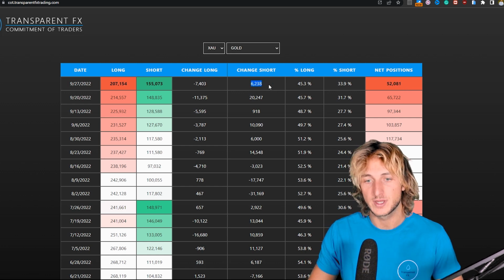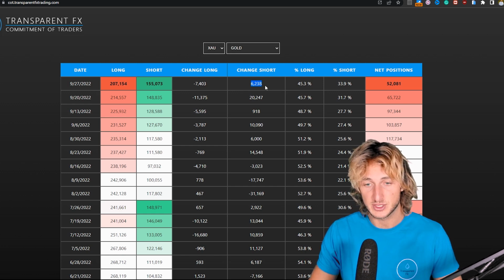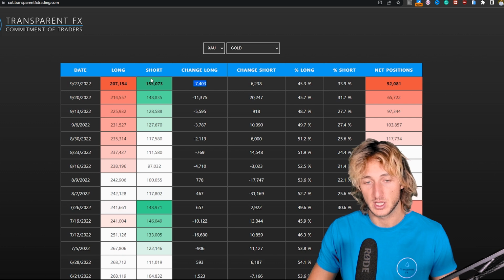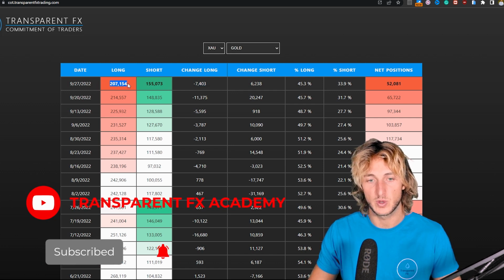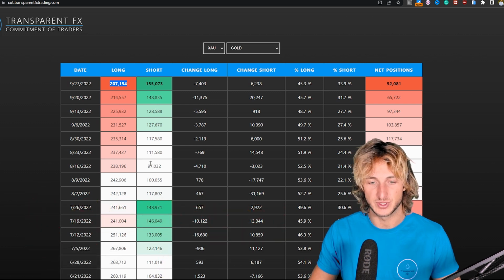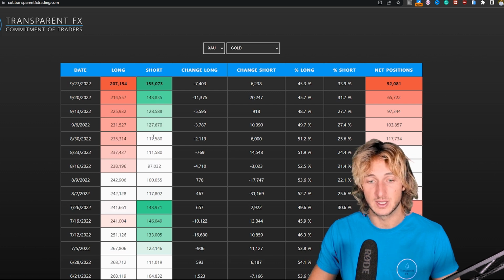And this is coming with thousands of shorts getting added from an institutional perspective, specifically 6.2k shorts added with the last report and 7.4k longs getting closed, reaching 155k shorts compared to only 207k longs. So from an institutional perspective, what we are actually seeing is that shorts are getting slowly increased and longs are getting slowly decreased.